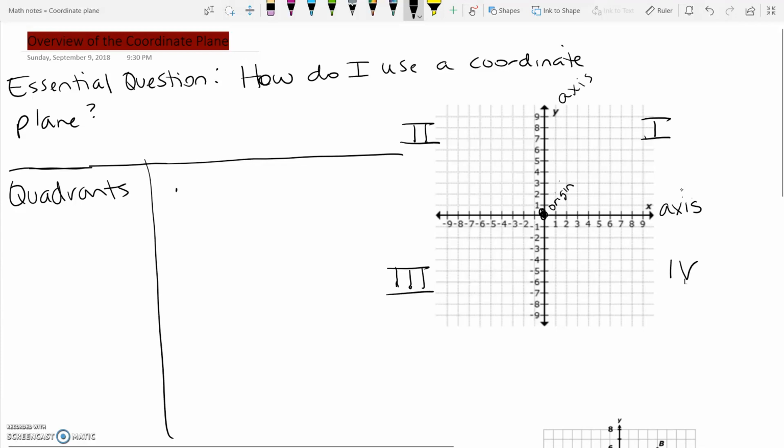Okay, so quadrant 1 has positive x, positive y. Quadrant 2 is negative x, positive y.